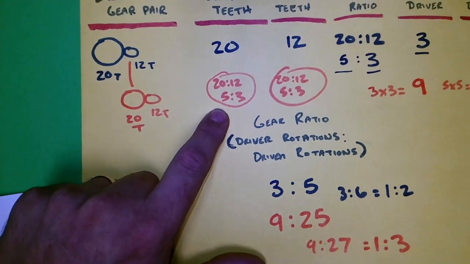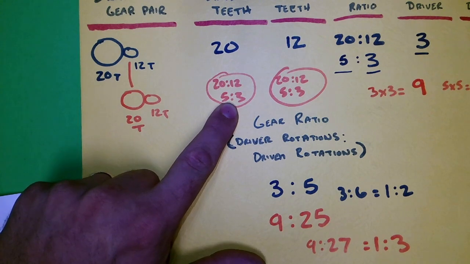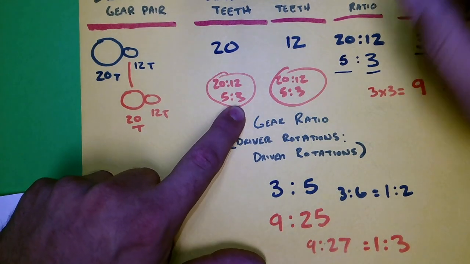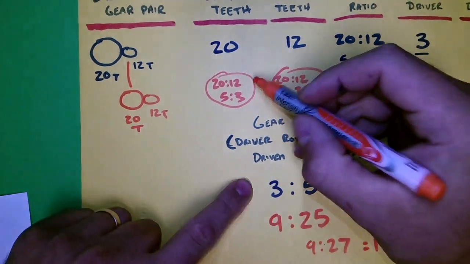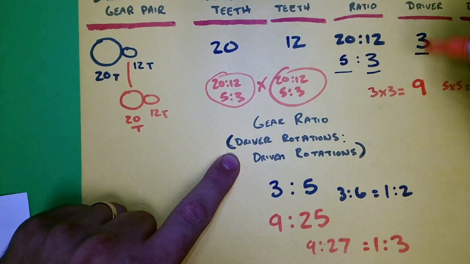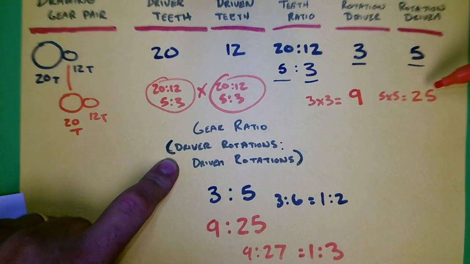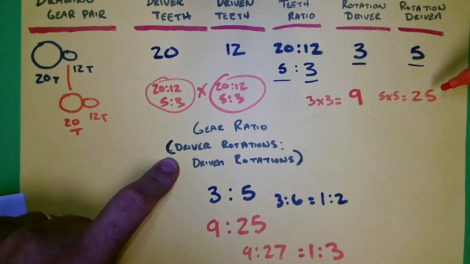So we have a ratio of our teeth of a 20 to a 12, which is reduced to be a fraction of, or a ratio of 5 to 3. Well, if we multiply those together, so 5 to 3 times 5 to 3, well, we have a 3 times 3 is 9, and a 5 times 5, which is 25.